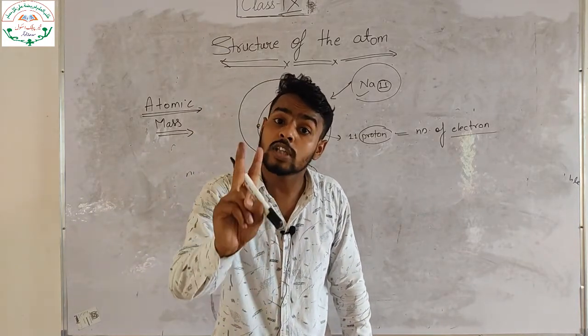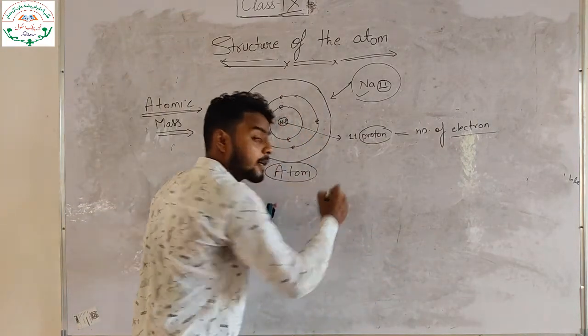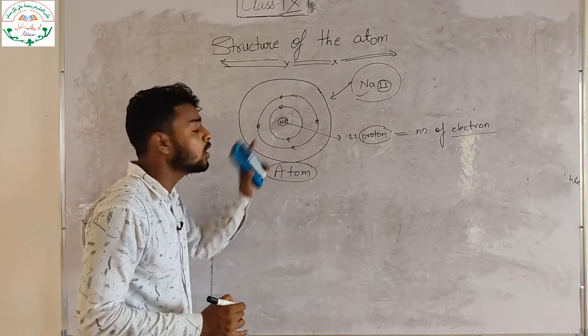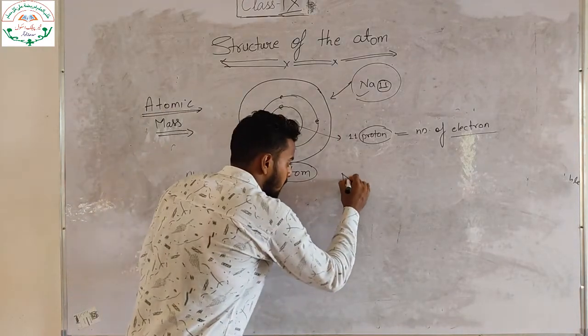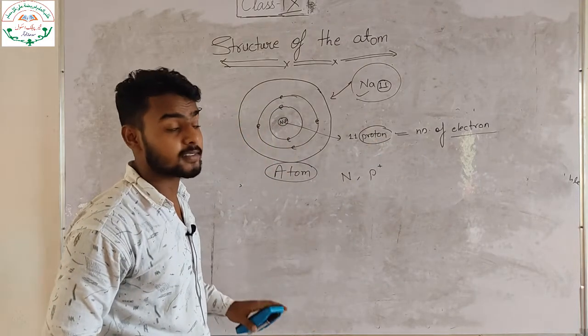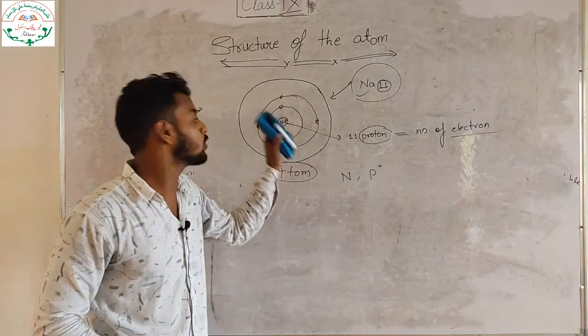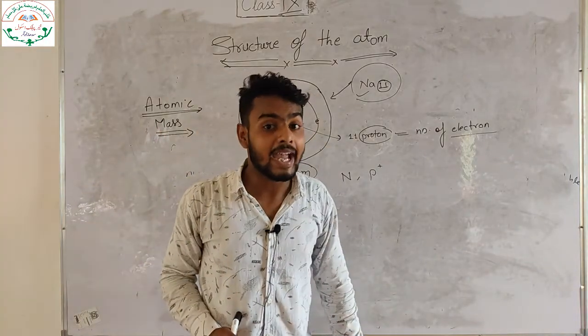There are two subatomic particles present in the nucleus: neutron, and second, proton, which has a positive charge. Two subatomic particles are present in the nucleus of the atom.